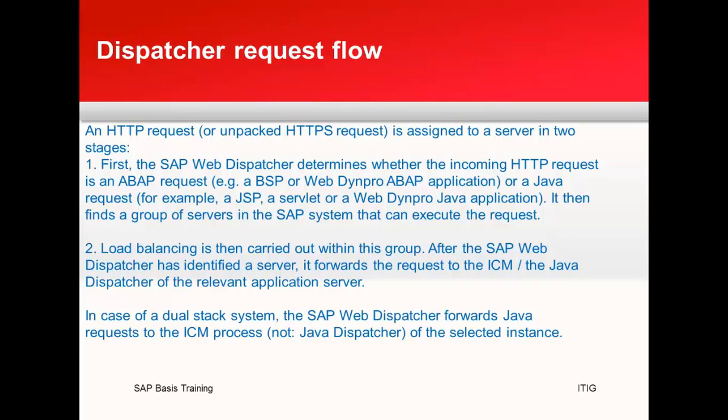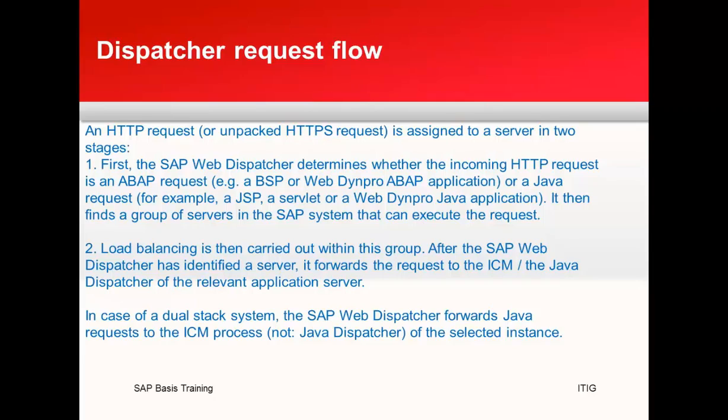Then load balancing is carried out within this group. After the SAP Web Dispatcher has identified a server, it forwards the request to the ICM, or the Java dispatcher, of the relevant application server. In the case of a dual stack system, the SAP Web Dispatcher forwards the Java request to the ICM process and not the Java dispatcher of the selected instance. Okay, so that is about the dispatcher request flow.